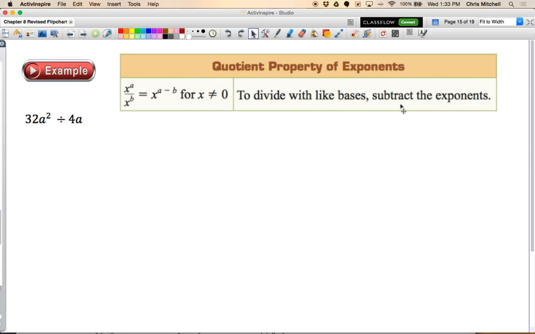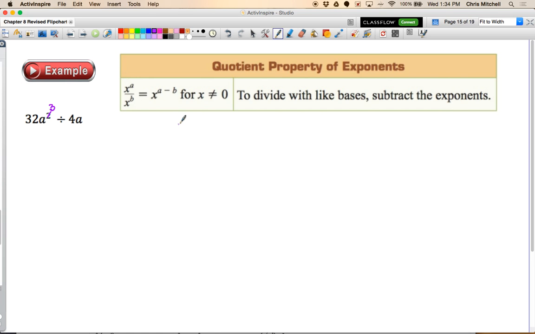All right, here we go. Here's our first problem. It says 32a squared divided by 4a. As a matter of fact, let's make our exponent a 3.